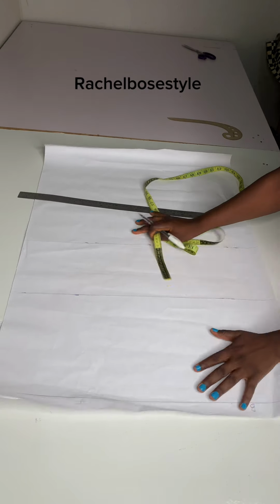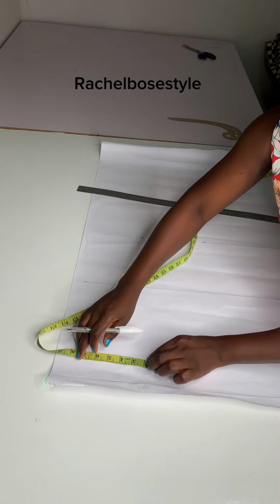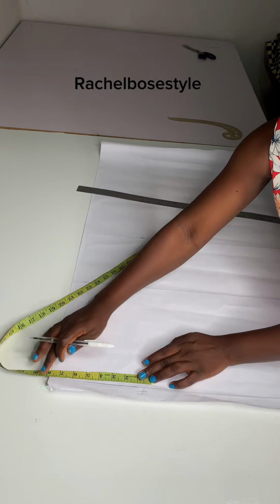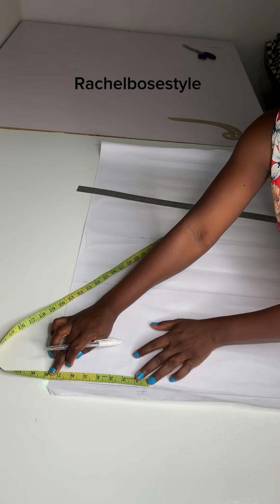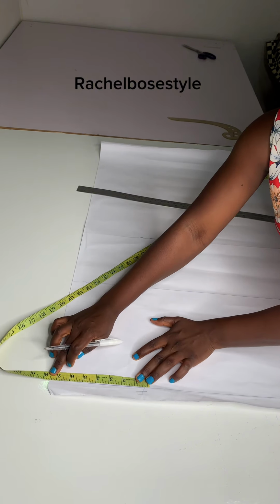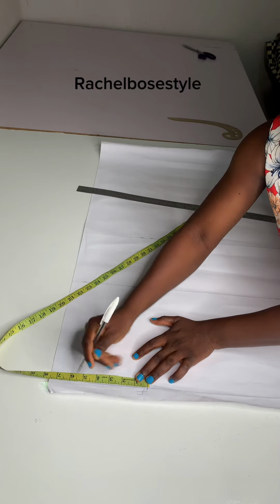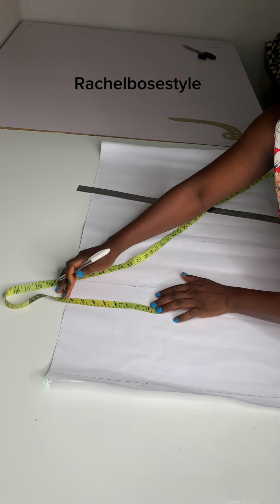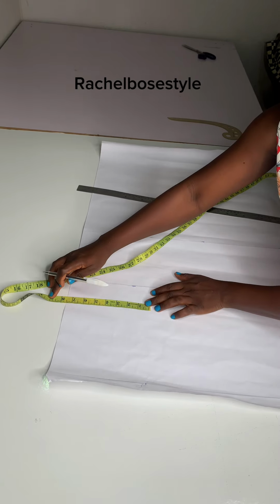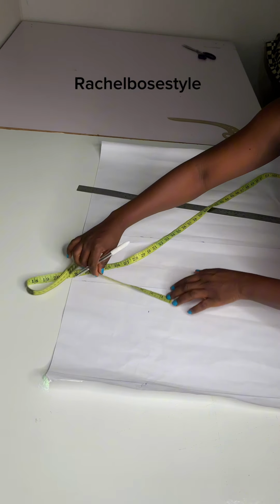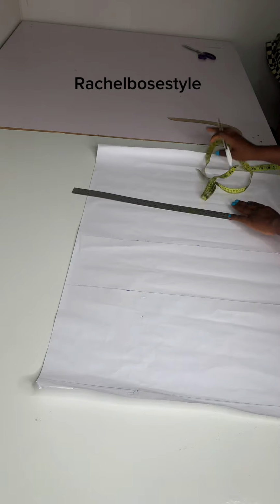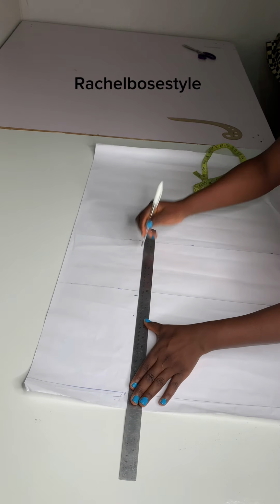So from this point I'll measure my shoulder measurement, which is shoulder measurement divided by 2, which is 7.5. My shoulder measurement is 15, or the 7.5. And also bring it down 7.5. I'll rule a straight line to connect that.